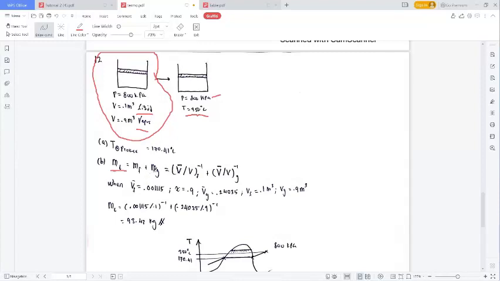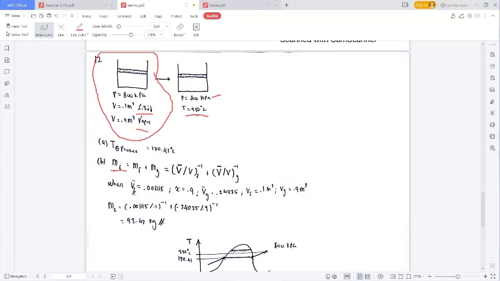So m_f plus m_g is equal to the specific volume of f over the volume of f to the power of -1, plus the specific volume of g over the volume of g to the power of -1.